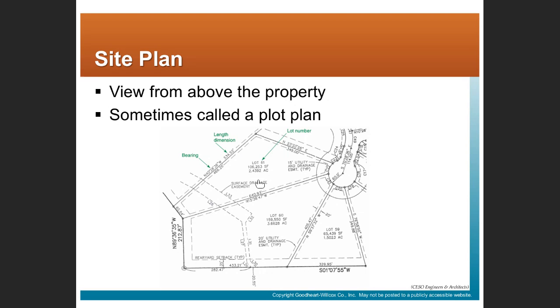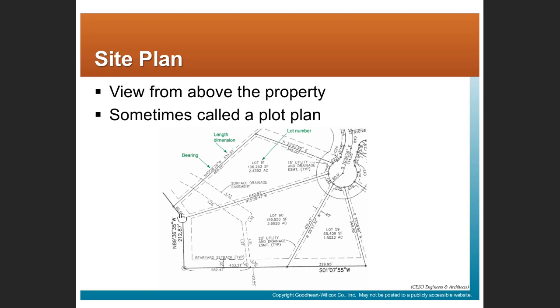So that's what the lot is there, and you see that these are fairly generously sized lots, right? That looks like 2.4 acres, 3.6 acres, right? 1.5 acres. So maybe some lots in a residential subdivision, or who knows what. So again, here are the lot numbers.